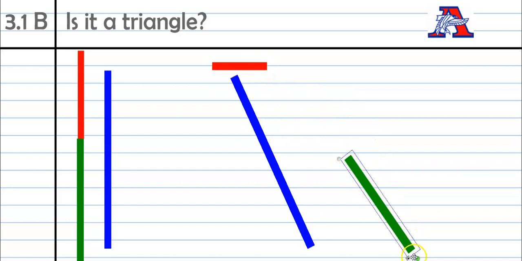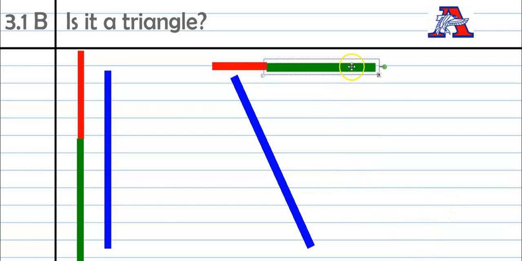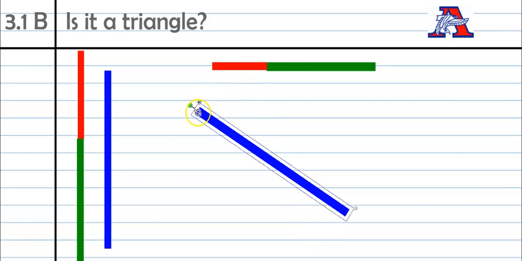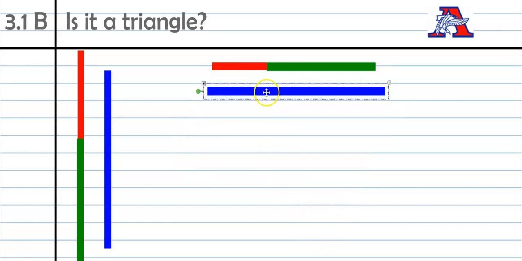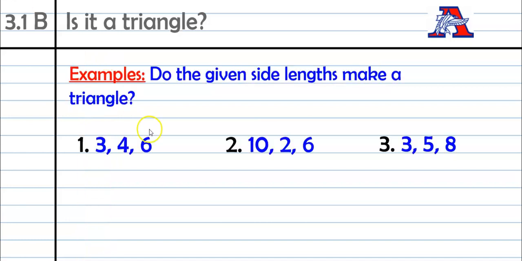So we will see over here that the short side plus the middle side is not going to be as long as this blue side. Close, but not quite good enough. So if that happens, you are dealing with three sticks or three pieces of paper or three spaghetti noodles that are never going to come together to make a triangle.